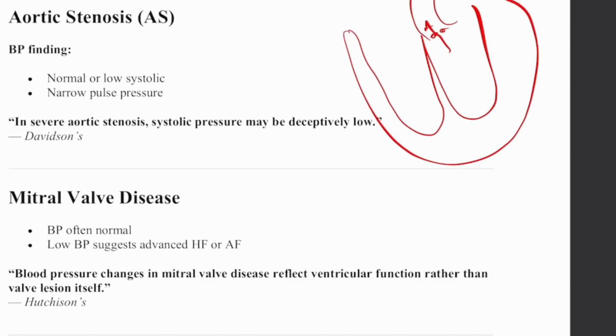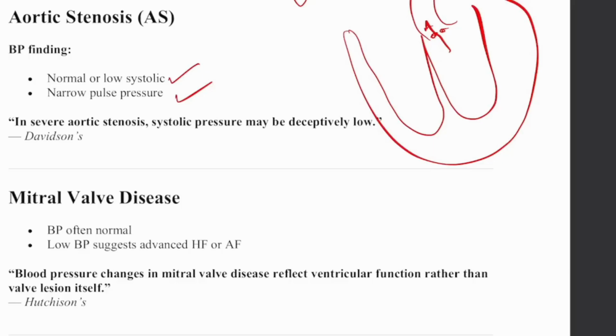So the systolic BP will naturally be low, with a narrow pulse pressure. So in aortic stenosis the pulse is parvus et tardus, and the systolic BP is low.